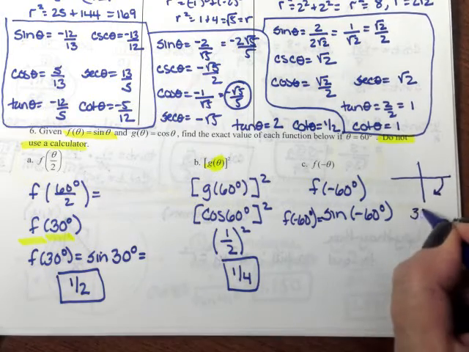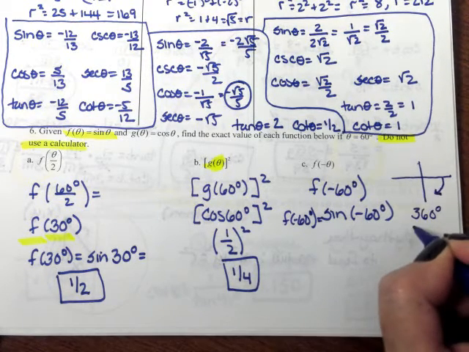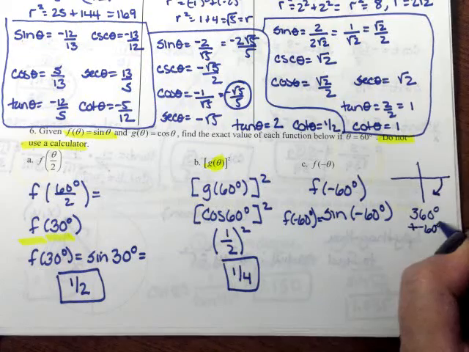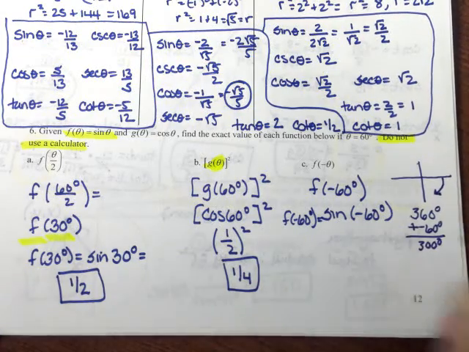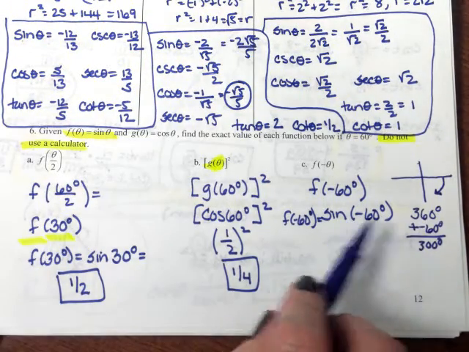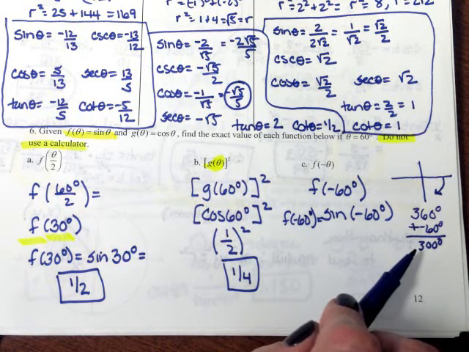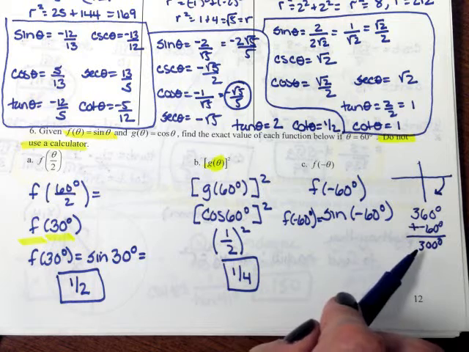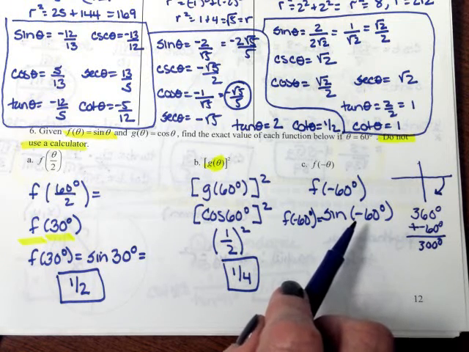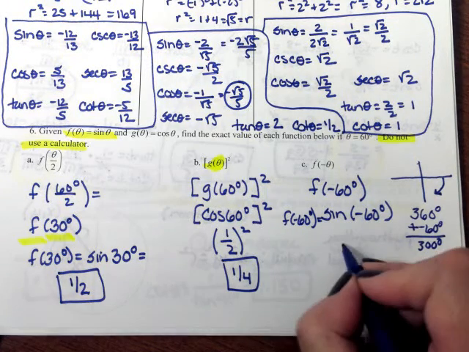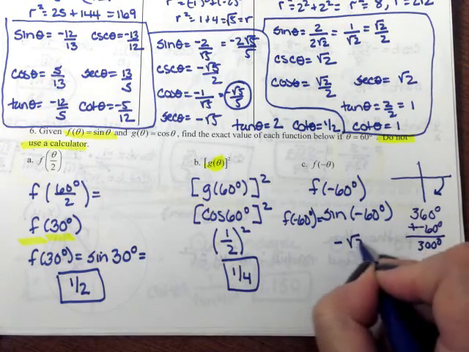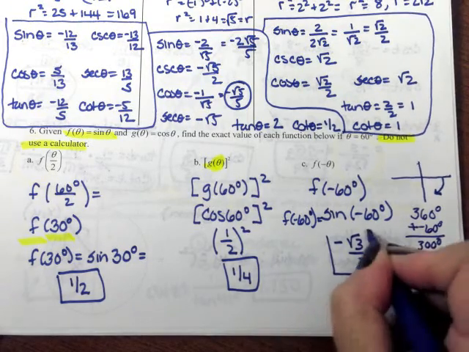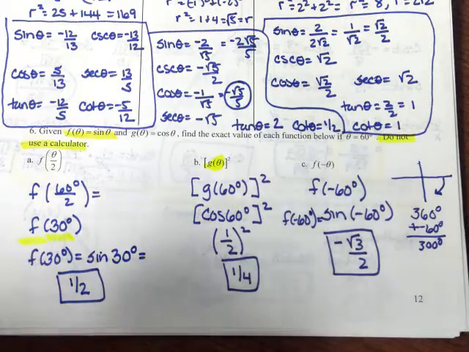Or you can find your positive coterminal angle by adding 360 to negative 60, which puts you at 300 degrees. So at negative 60 degrees, you're exactly at the same angle as 300 degrees. Remember, sine is your y-coordinate at 300 degrees or negative 60 degrees. And it's going to be negative because the y-coordinates are negative in quadrant 4, negative square root 3 over 2. So there is how you're going to be dealing with points that are not on the unit circle.